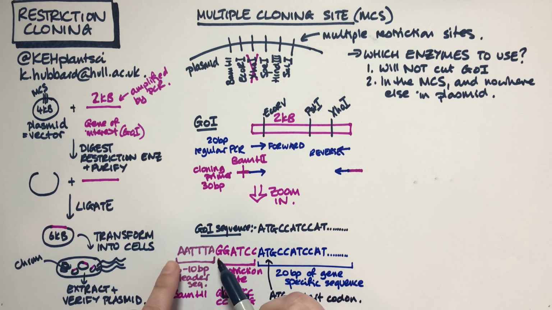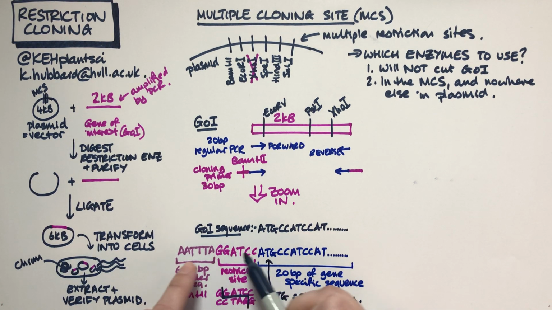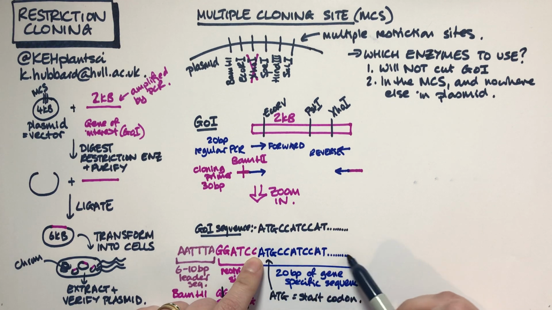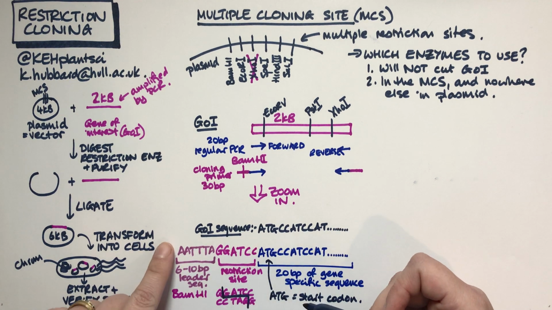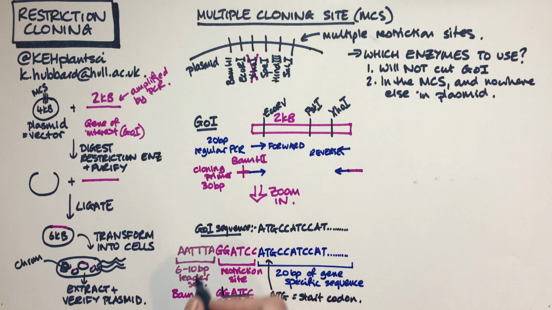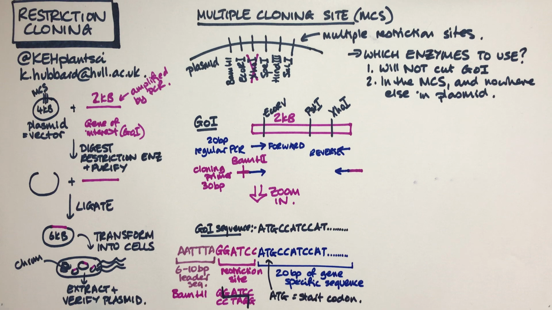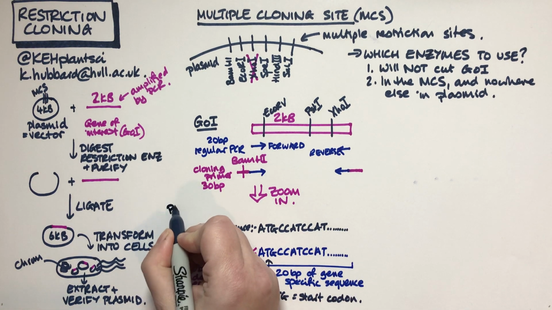Okay, so we've got a 6 to 10 base pair leader sequence. We've then got the restriction site, so we've artificially added a bit of DNA at the end, and that is going to be the restriction site, so in this case it's BamHI, and then we've got the gene sequence including a start codon. Okay, so that would be my cloning primer. So that's the primer design.